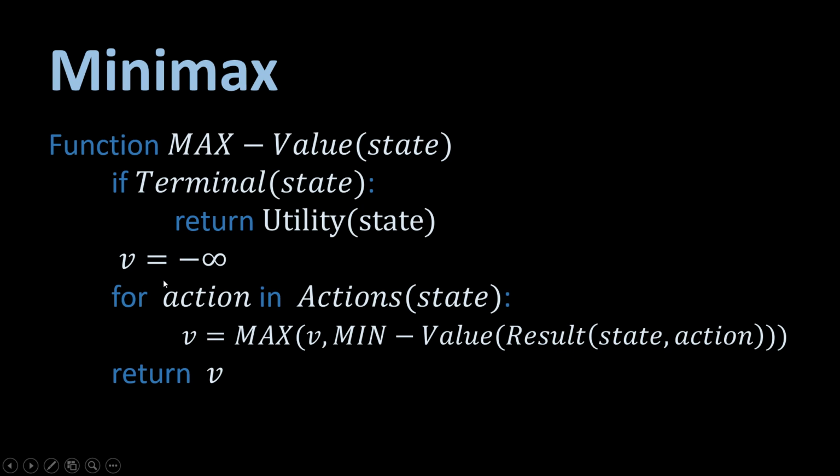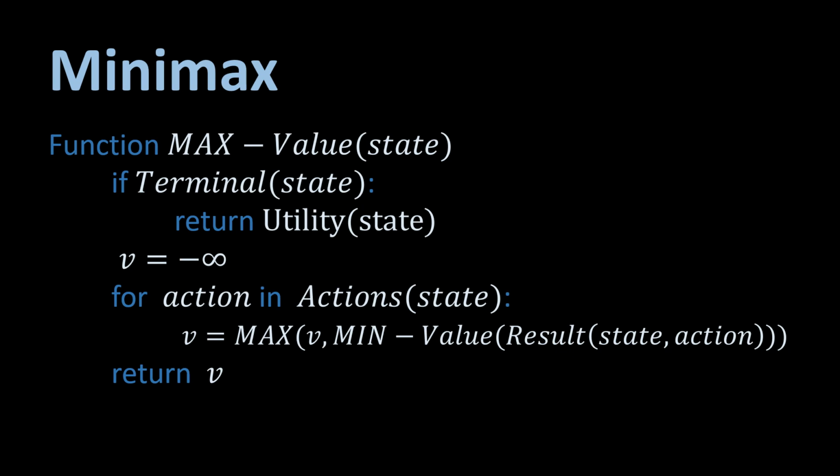So inside my actions, I will search for an action in my actions function, and I will now define that my variable is the max of my variable and the min value of the result of state and action. I could say a much better term: the variable is now my max value, or the max value of my minimizing agent's possibilities, and then I return my variable.